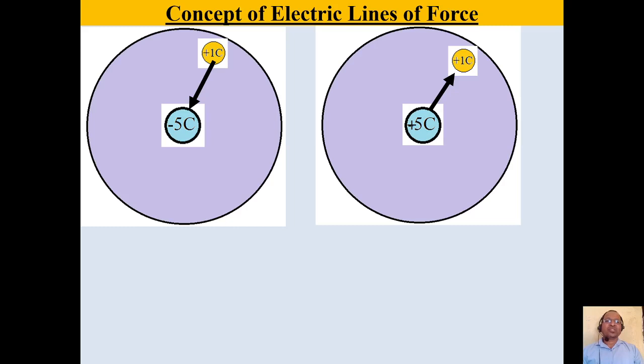So whenever a test charge is brought in the electric field of a given charge, it will be attracted or repelled by the given charge depending upon the magnitude of the given charge. That is, we say that the test charge will move accordingly in the electric field of the given charge. The path by which this test charge moves in the electric field of the given charge is simply called electric lines of force.